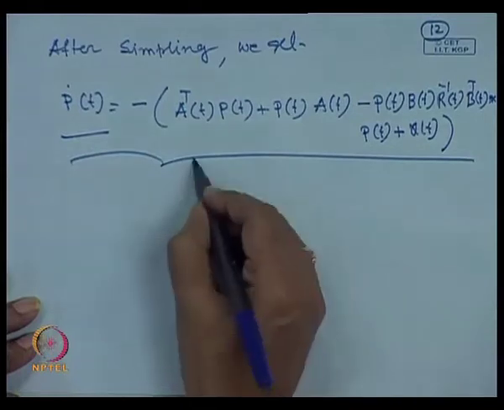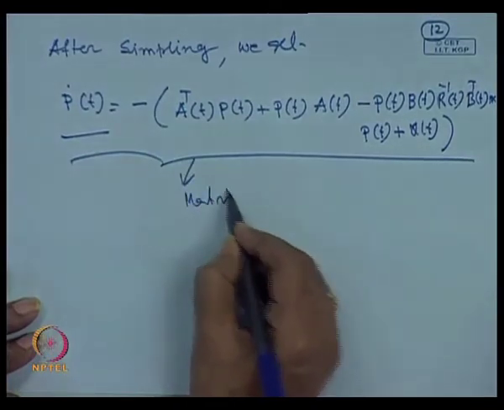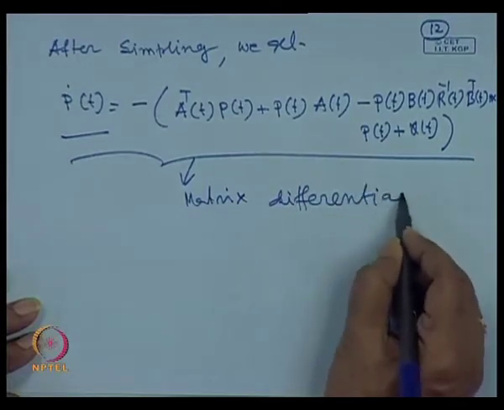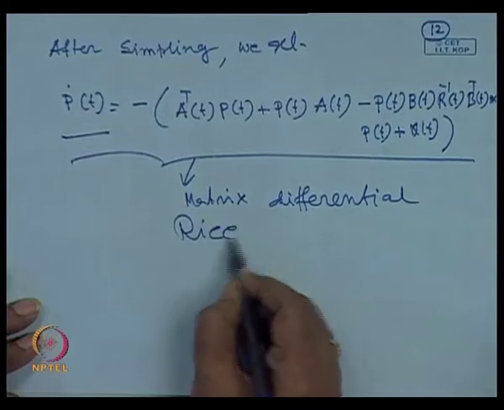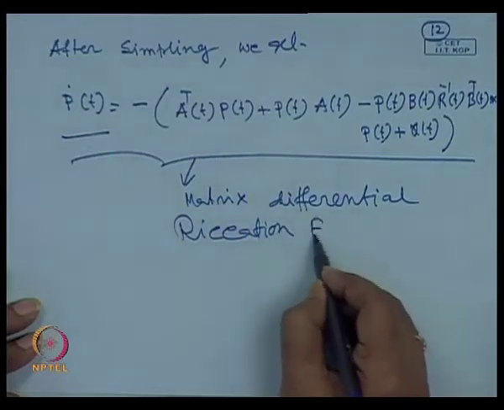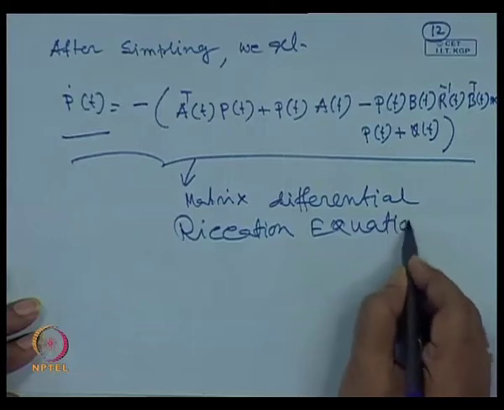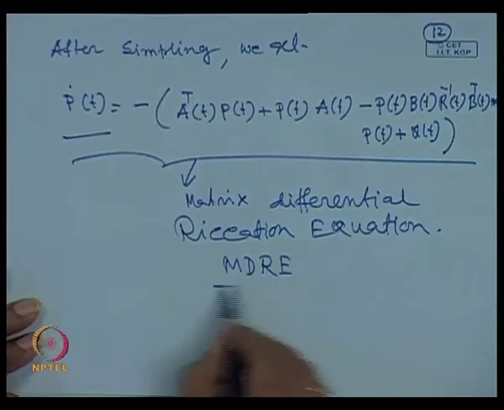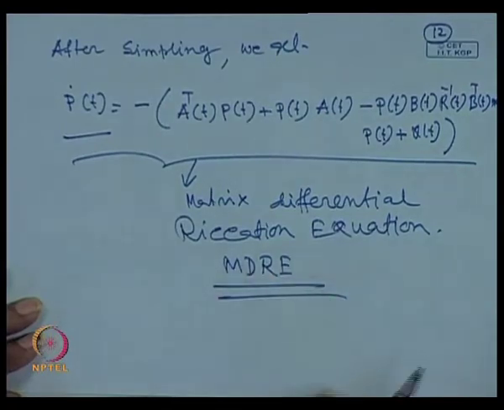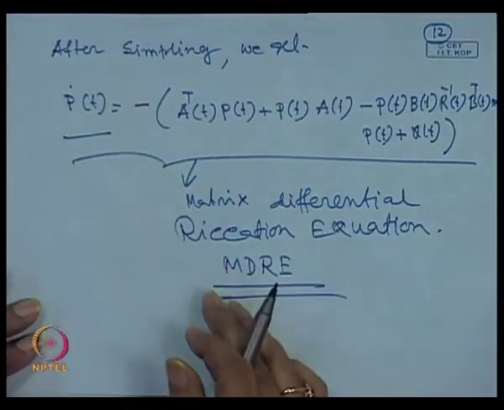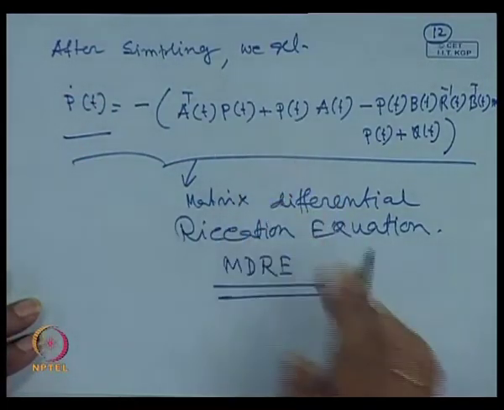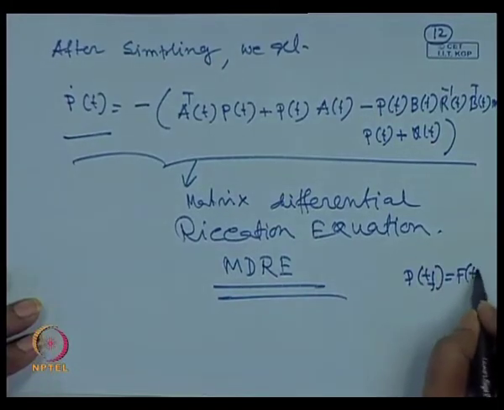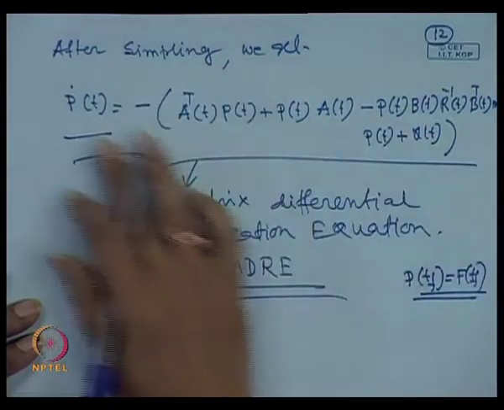This whole equation is known as the matrix differential Riccati equation, in short MDRE, and it is a nonlinear differential equation. Our problem is to solve this nonlinear differential equation. So we must know our terminal condition. We know P(t_f) is equal to F(t_f), the terminal condition is given. From there we have to get the solution.